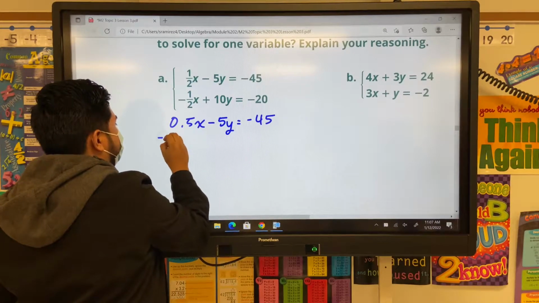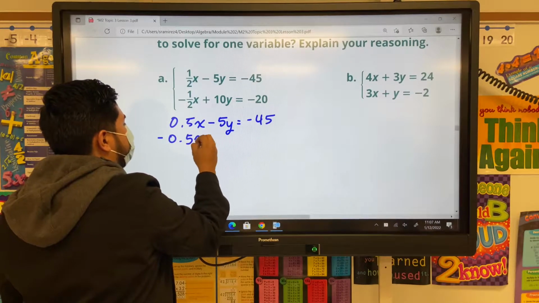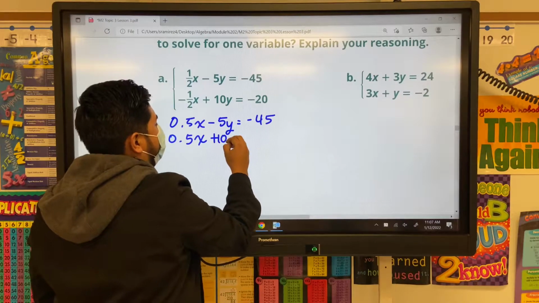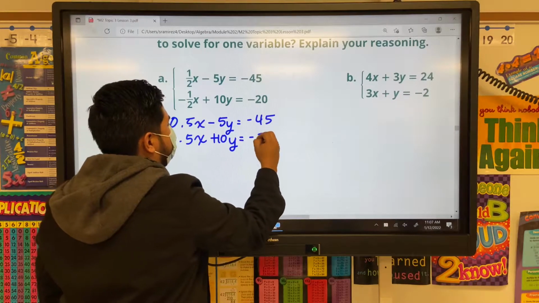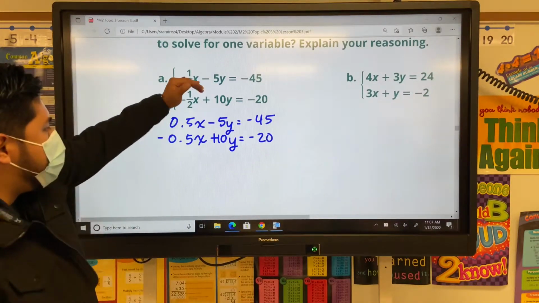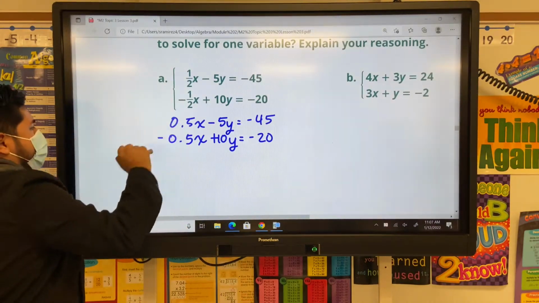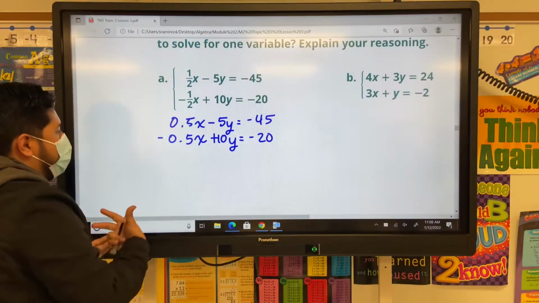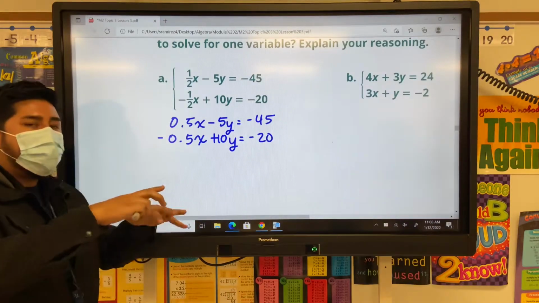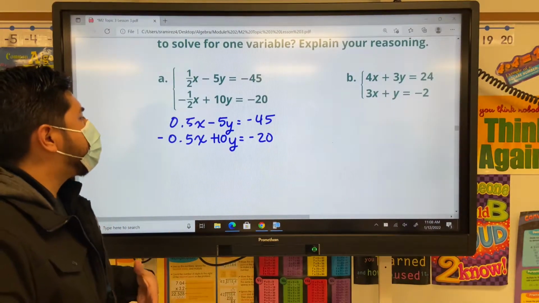Second equation, -0.5x plus 10y equals -20. Of course, you would do all this by hand, additive inverse right there, boom, boom, boom. You get your y, you come back, substitute for y, solve for x, all that great stuff.